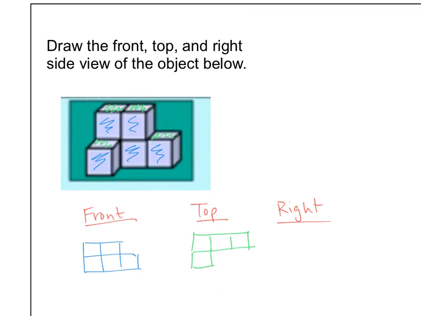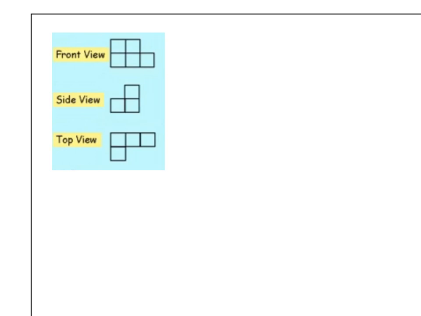And from the right, we're going to see a stack of 2 red ones in the back and then 1 on the bottom in the front. So on this side, I'm going to see 2 and then there's going to be 1 block out front. Here's a little neater view of what that would look like.